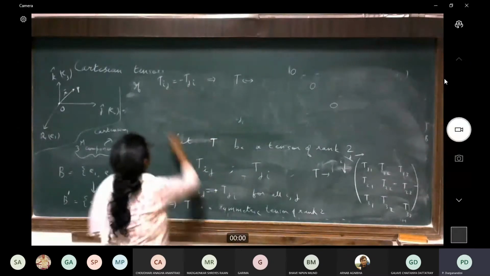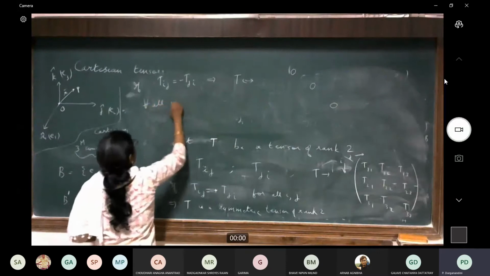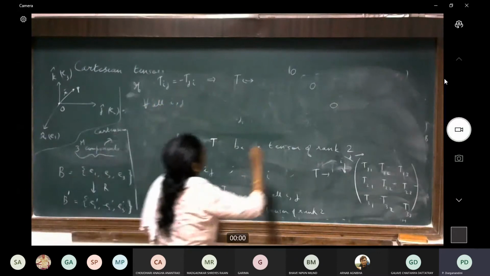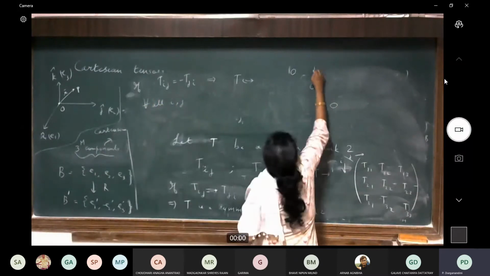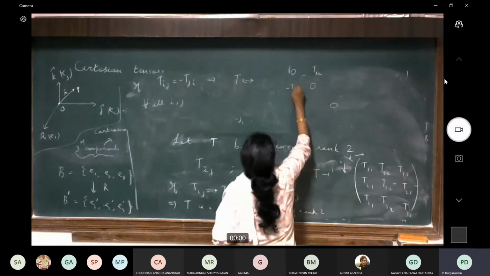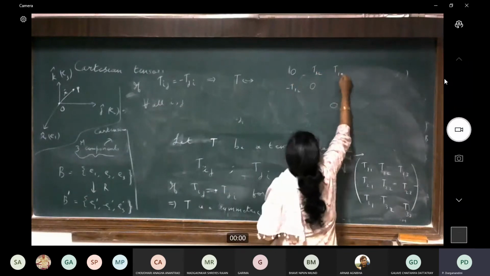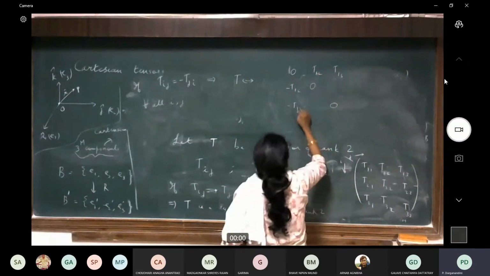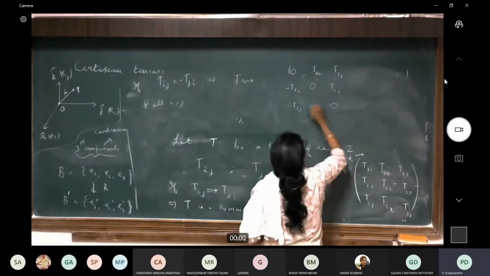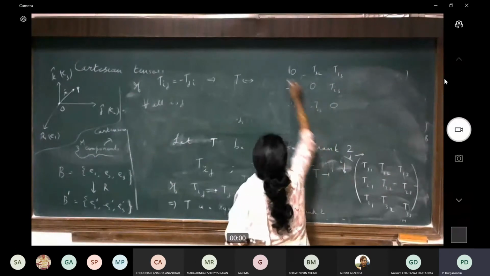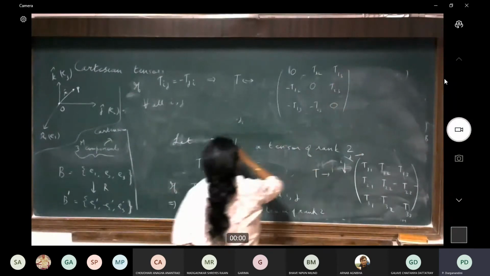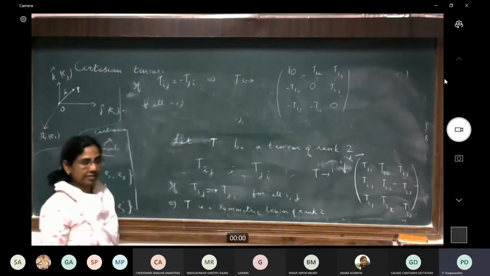Similarly for all the diagonal elements. And then T12 and minus T12 here, T13 and minus T13 here, T23 and minus T23. So this is something which I will call an antisymmetric or a skew symmetric matrix.